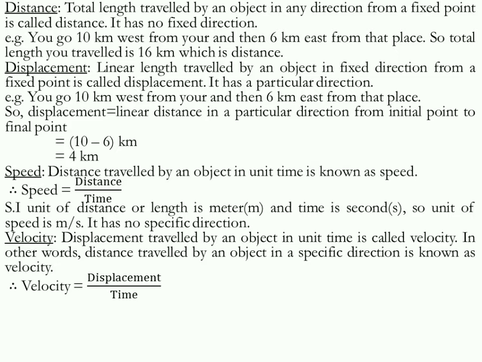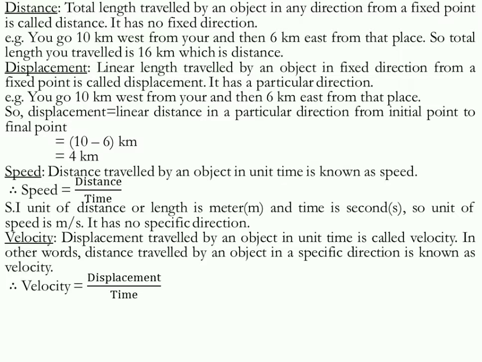Displacement traveled by an object in unit time is called velocity. So if we have the difference between the final position and the initial position, the minimum distance, and divide it by the time, then we can say that is velocity. And obviously it will have a specific direction.